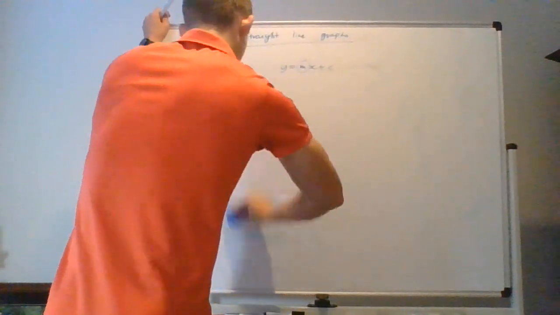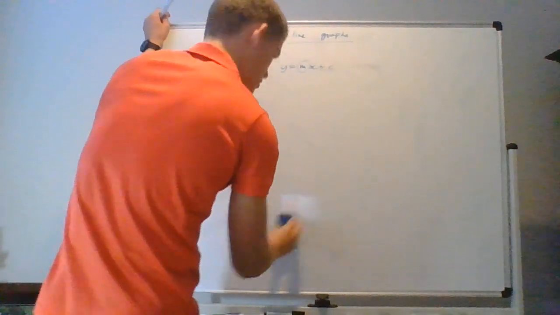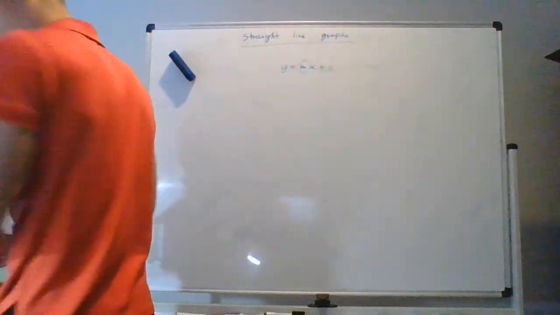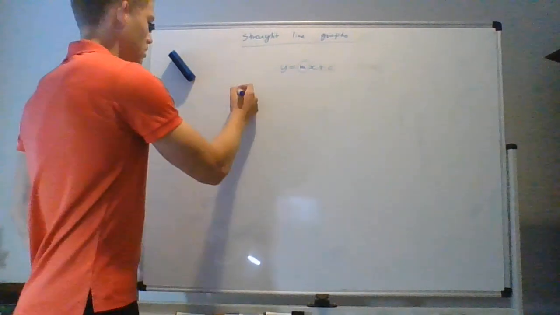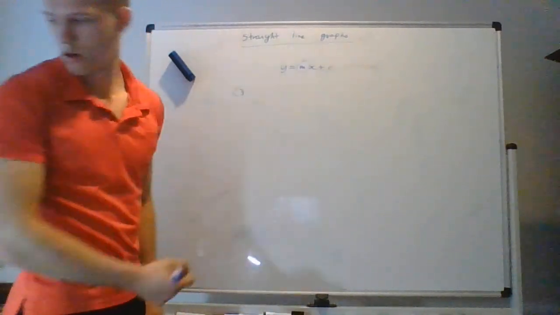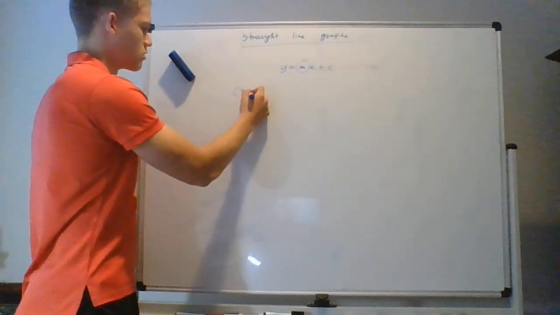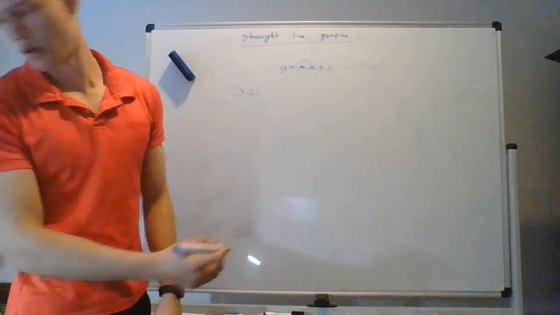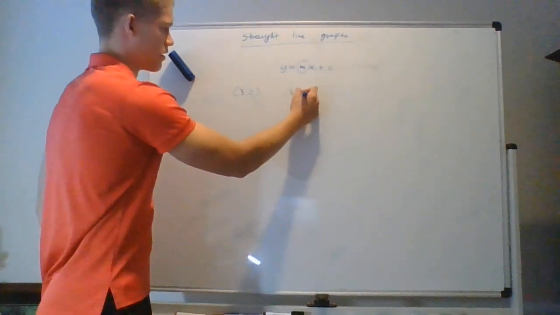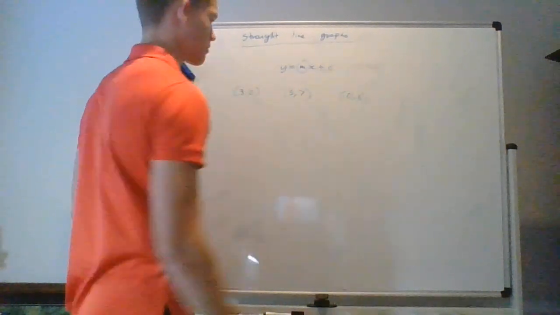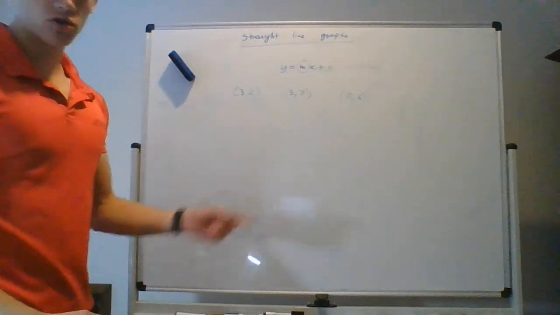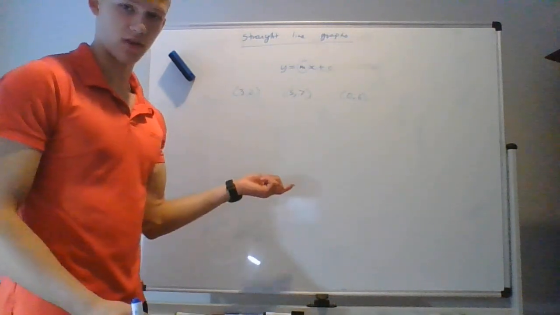Now let's say they give you 2 points and you're asked to find the rule of a certain equation. Let's say they give you the points 3, 2; 5, 7; and 0, 6. Now you could choose any 2 of these points and you can find the gradient.